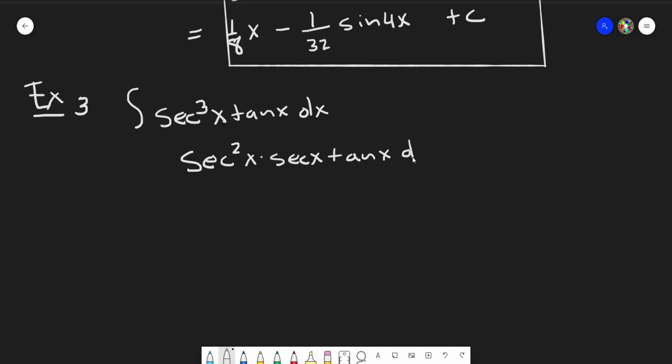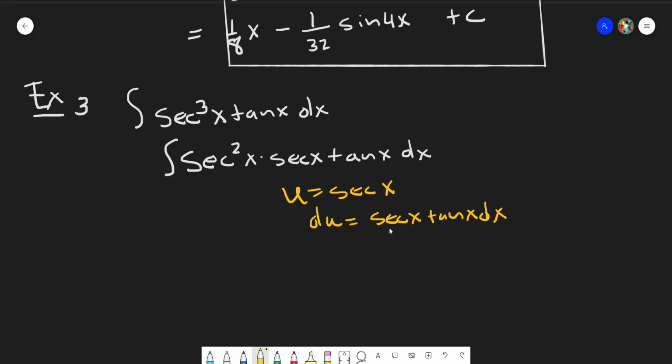Now it looks like I can implement a u-sub, because if I let u equal secant of x, then du is equal to secant of x times tangent of x dx, which means all of this reduces very nicely.